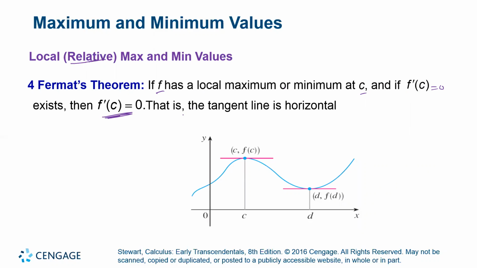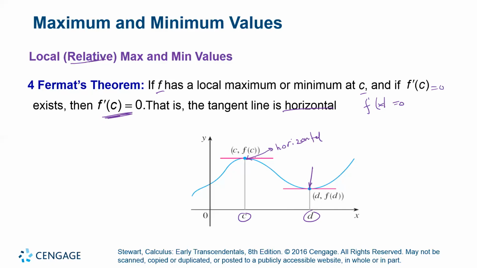Now what that means is that the slope of the tangent line is horizontal, because this only happens when f'(x) is equal to 0. As you can see in this graph, at these points c and d, the tangent line is horizontal at both of these points.